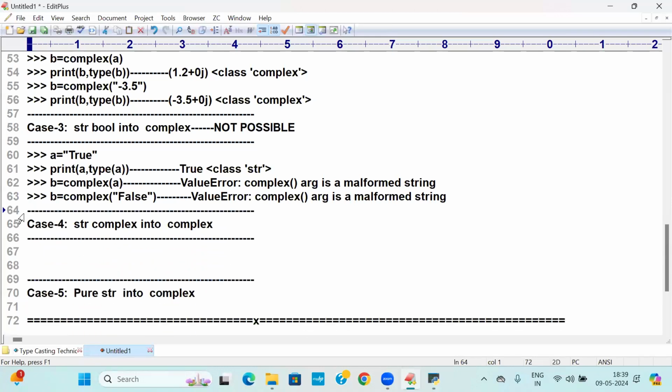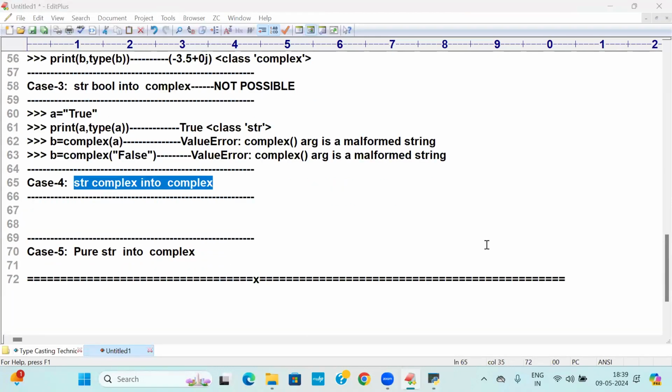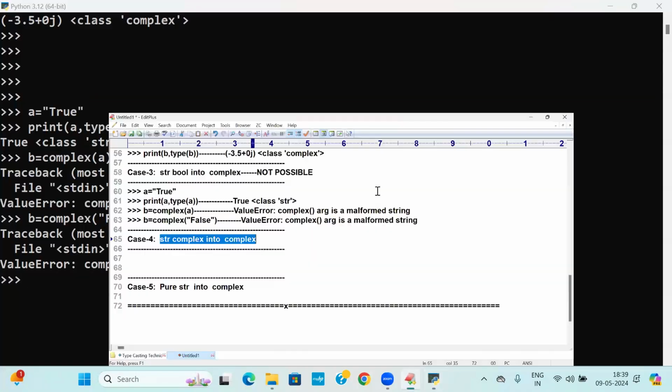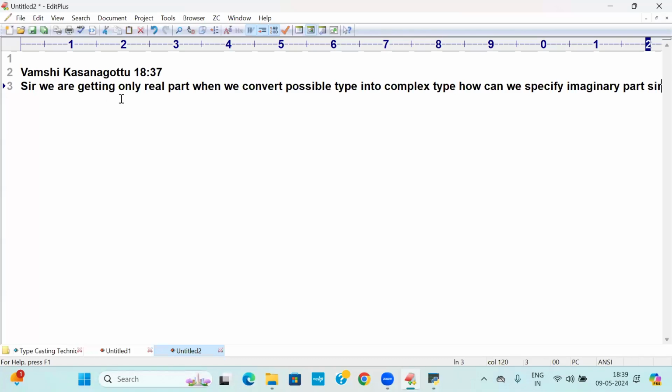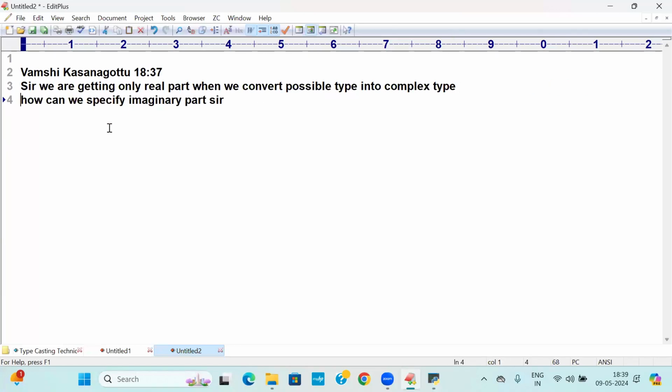Okay. Next, I'm going for STR complex into complex. I will take your error, my dear student. Don't worry about it. I'll put your error in this error window, so that other people also see. Sir, we are getting only the real part. When we convert a possible type into complex type, how can we specify the imaginary part, sir?